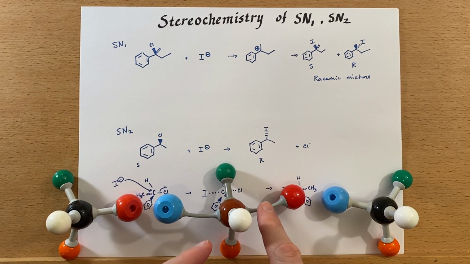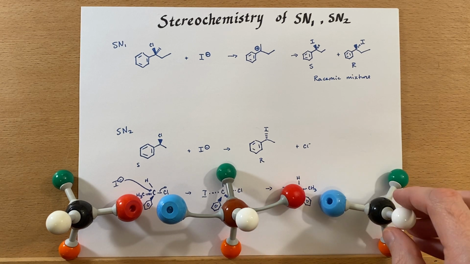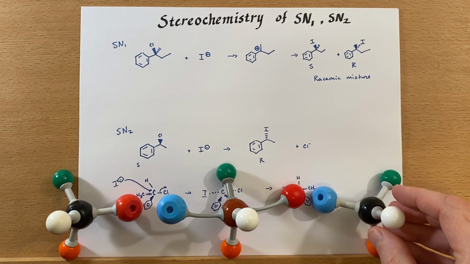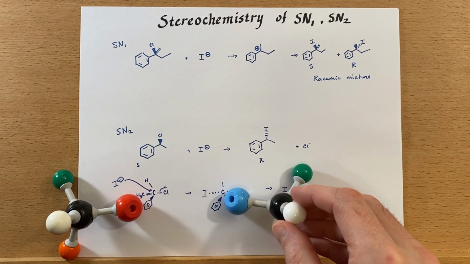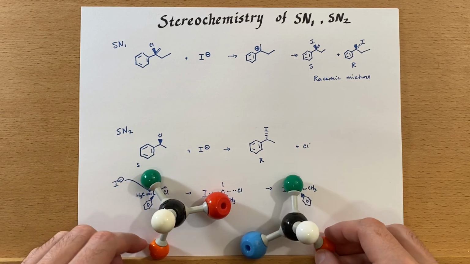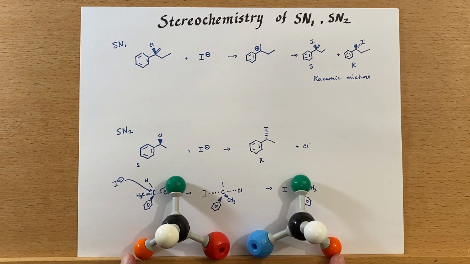And then once the leaving group has fully left, we end up with the opposite chirality. And you can see here how these are mirror images of each other, right? Just like that, we've got the orange over here. Of course, we've done a substitution, but now we've moved from one chirality to the other.